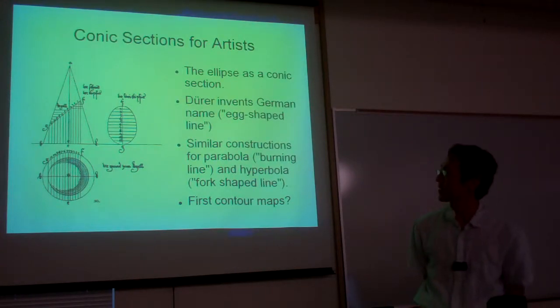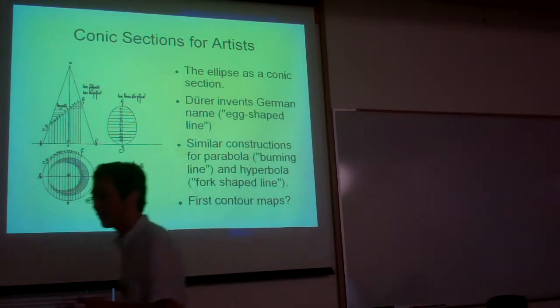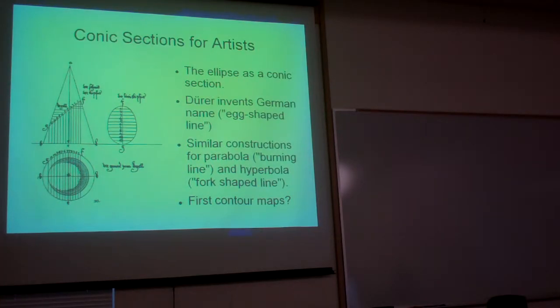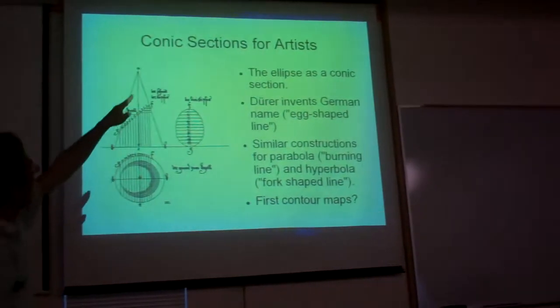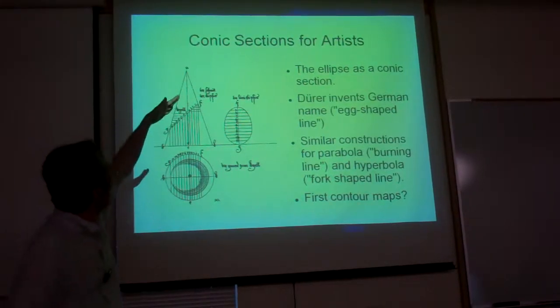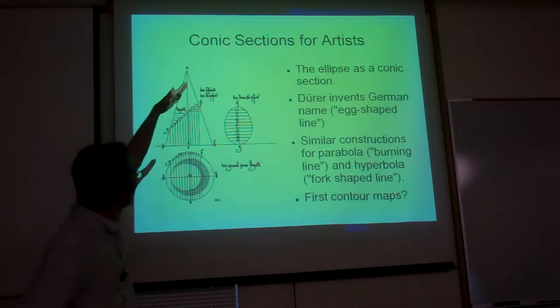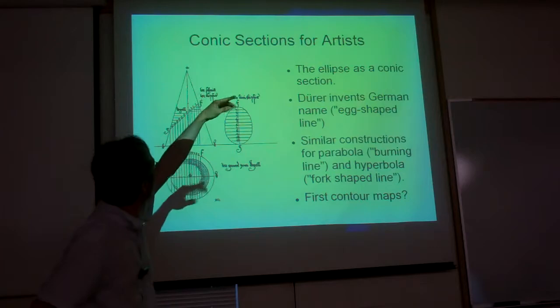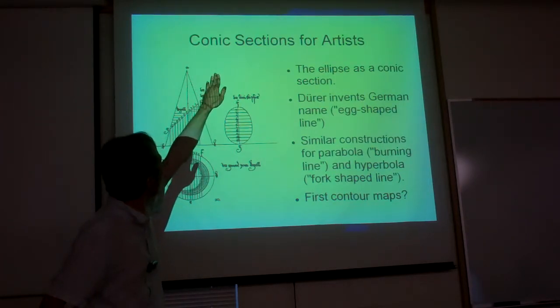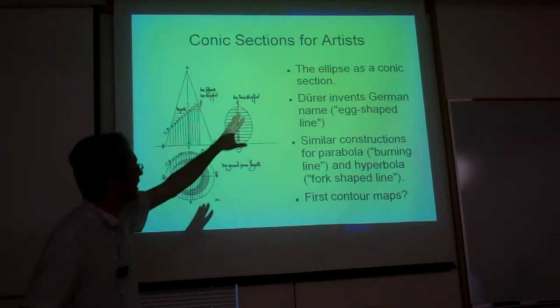Dürer gives a very nice description of how you would do something like this. So we'll start off with the cone. There's our cutting plane, and we're going to do two projections.